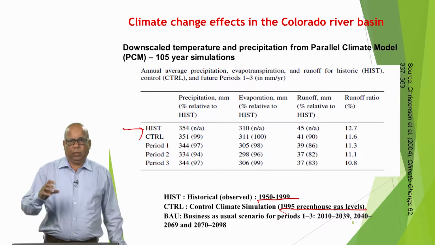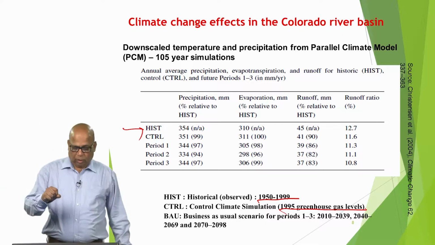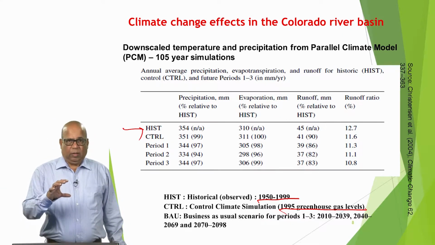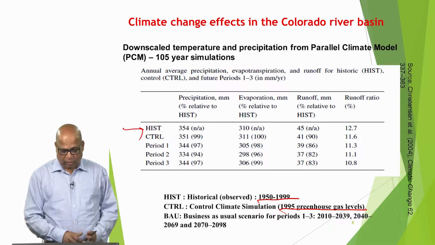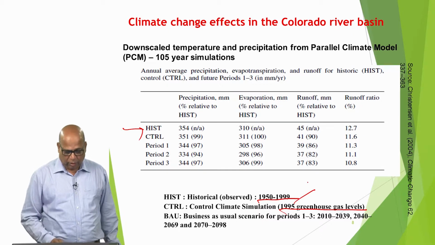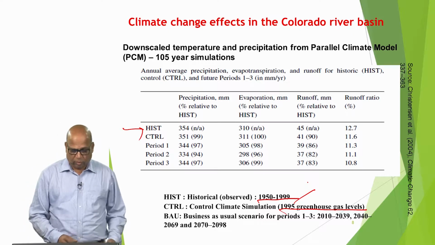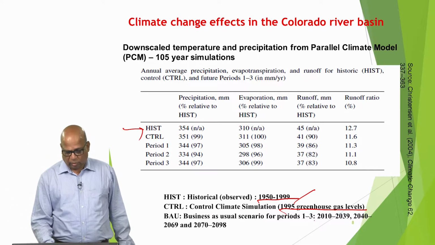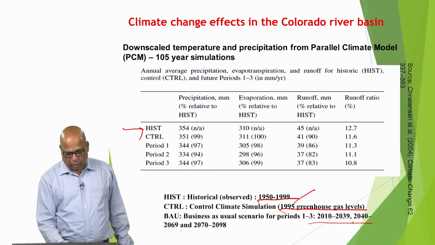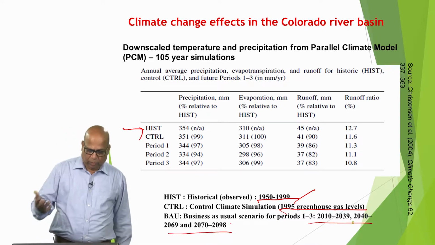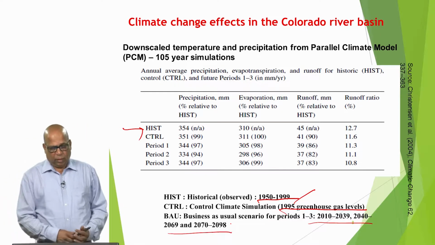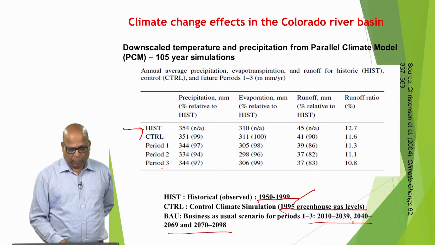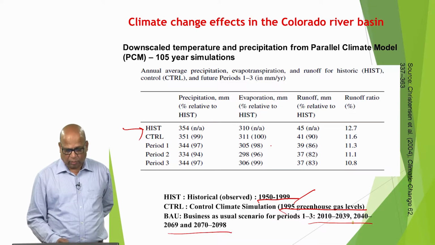By control, we mean we hold the CO2 level at the 1995 level. So, that is called a controlled climate simulation. Then we may have BAUs, that is business as usual scenarios, which means that you allow the CO2 to keep increasing and then simulate what happens to precipitation, what happens to evaporation and so on.